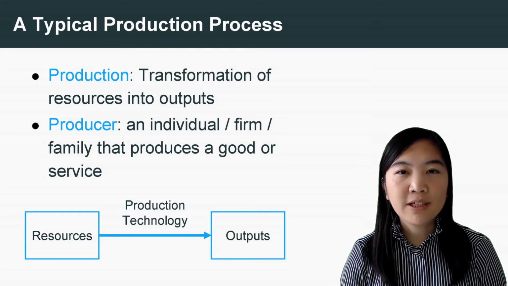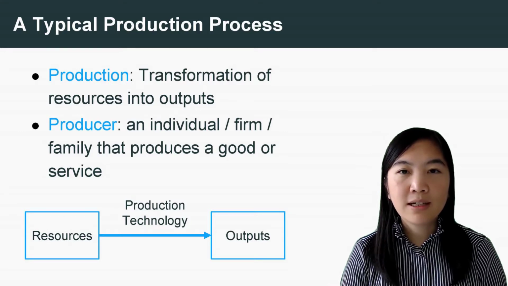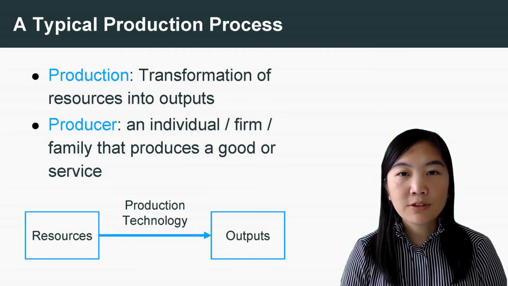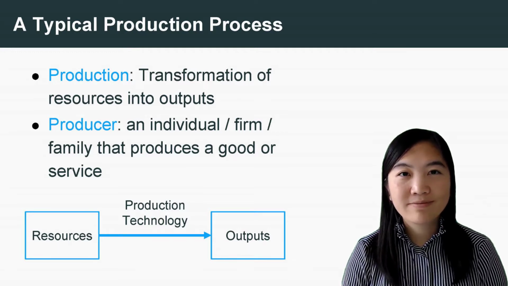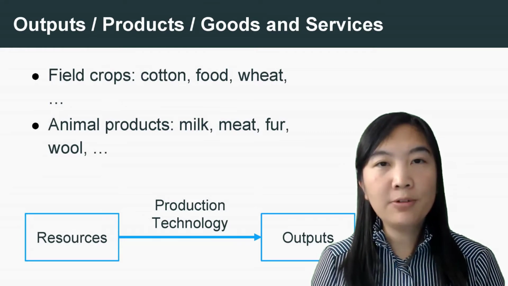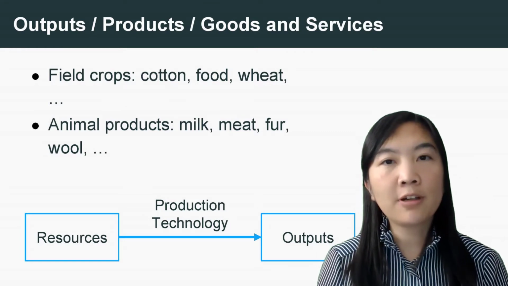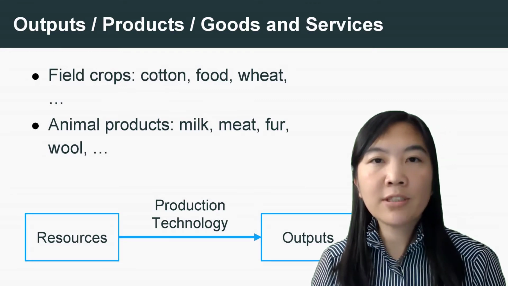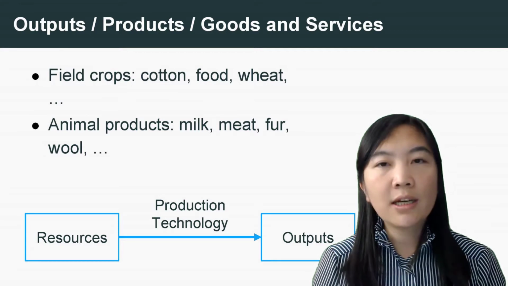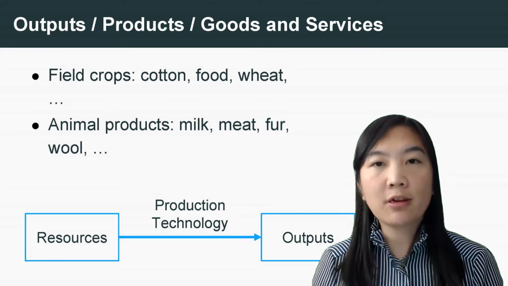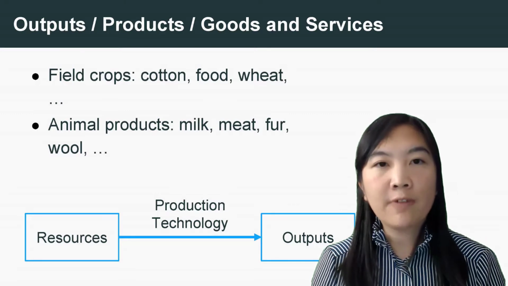A producer could be a firm, an individual, or a family who produces the outputs. On the right side of the flowchart are outputs, sometimes also called products or goods and services. Sometimes they only mention goods, but I'd like to emphasize here that services are also one type of output.